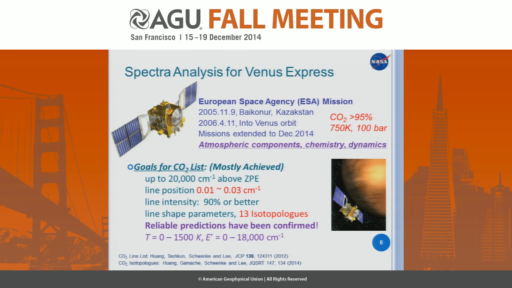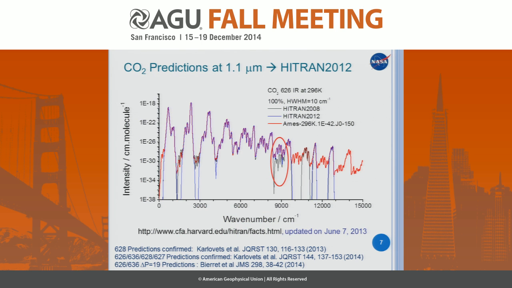We have 13 line lists for 13 isotopologues with line position accuracy 0.01 to 0.03 wave numbers, and they are good up to 1500 Kelvin and 18,000 wave numbers above zero point energies. About the intensities, for most of the transitions, we are 90% or better.